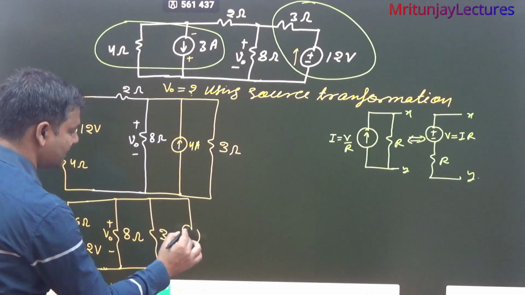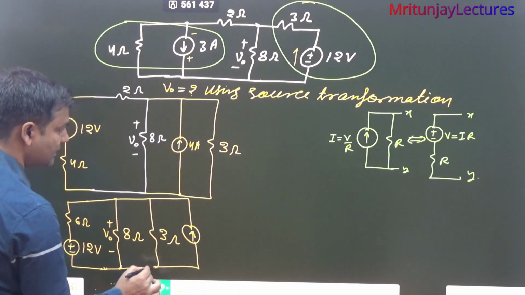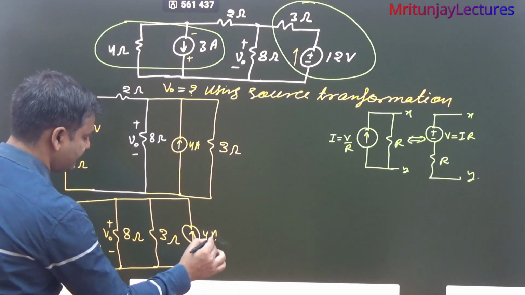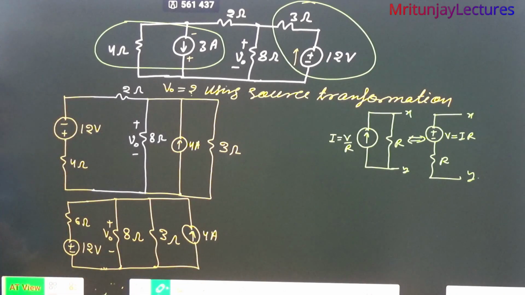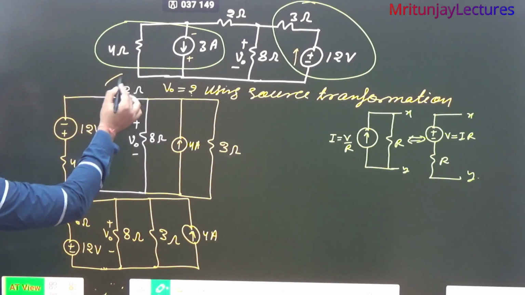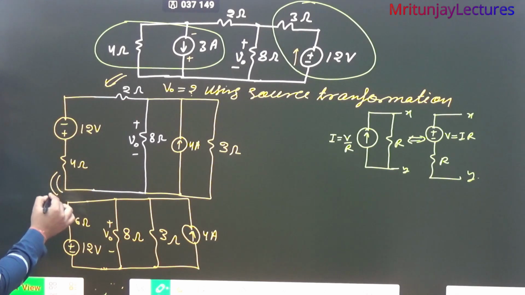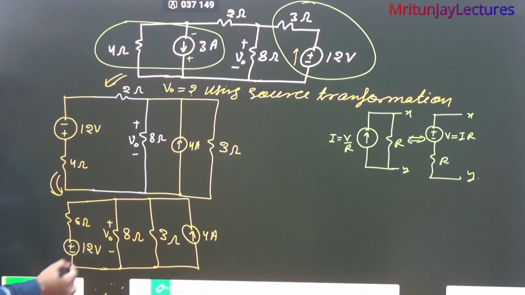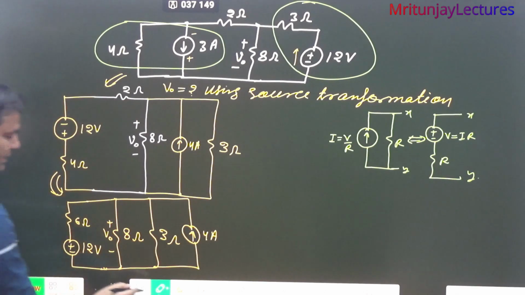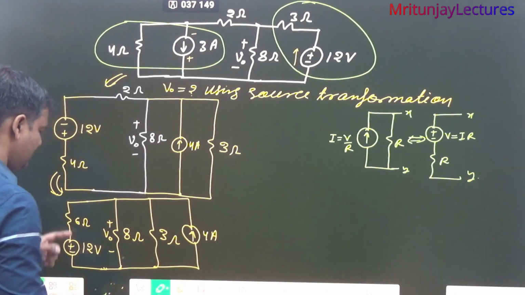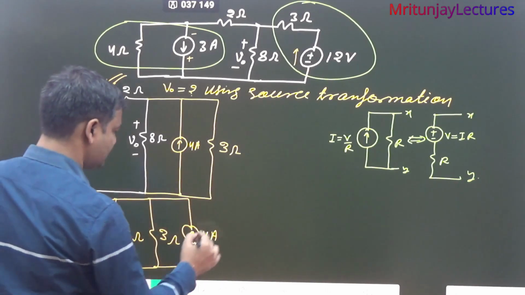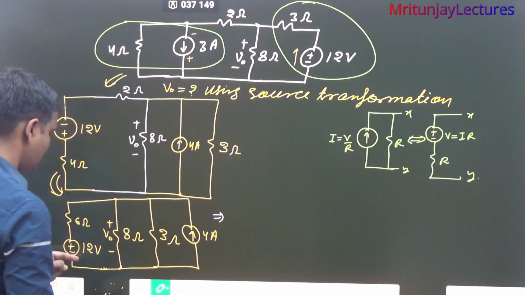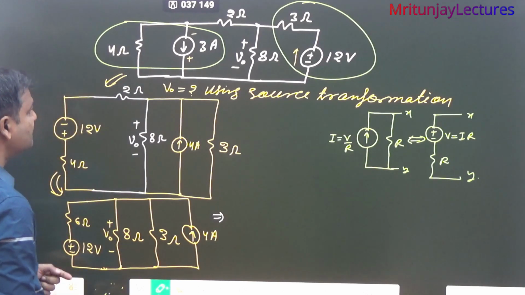And that current represented here, how much is that? 4 ampere. Okay, now this one is again converted into a current source. If this one is converted into a current source, then how much? 12 divided by 6, that is how much?